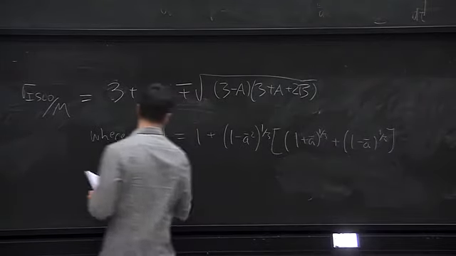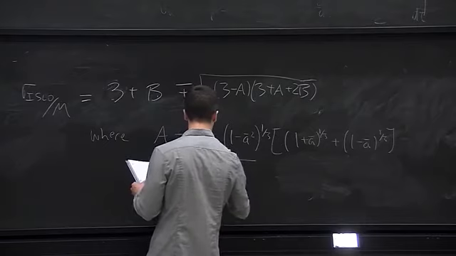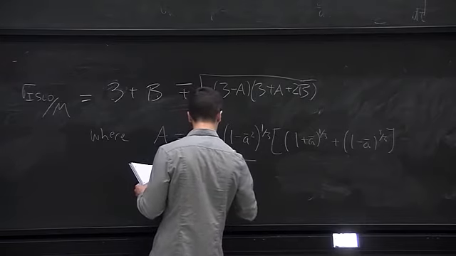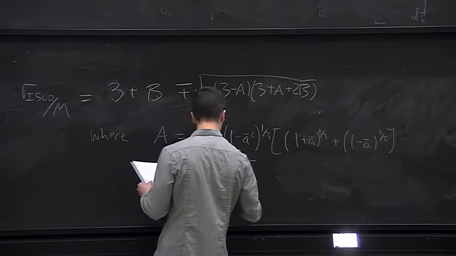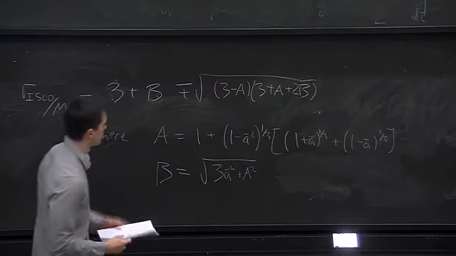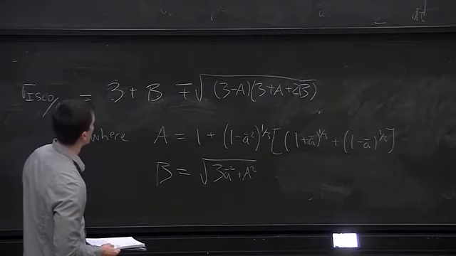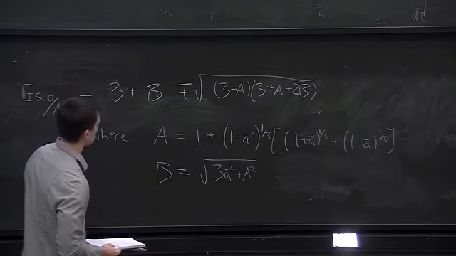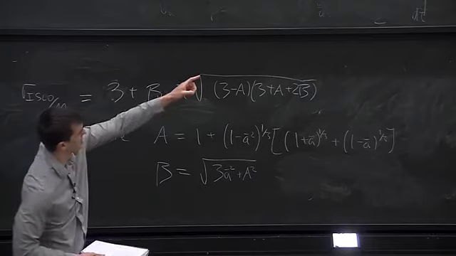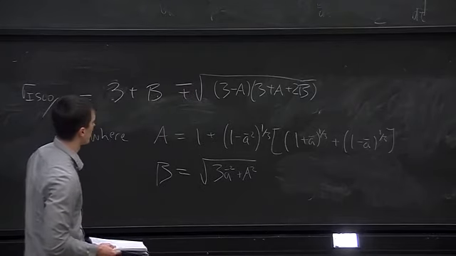And also this quantity B, which is given by this. So not too bad for being a quartic solution. And so we can check that indeed if we plug in these values, this equation is satisfied.